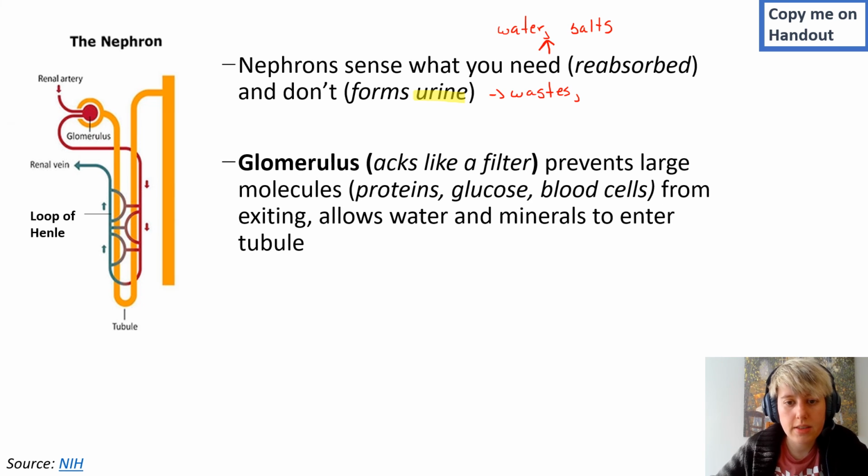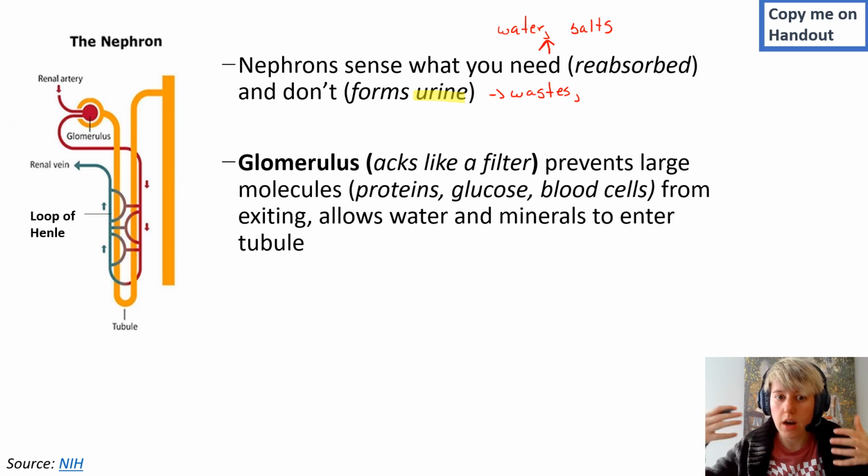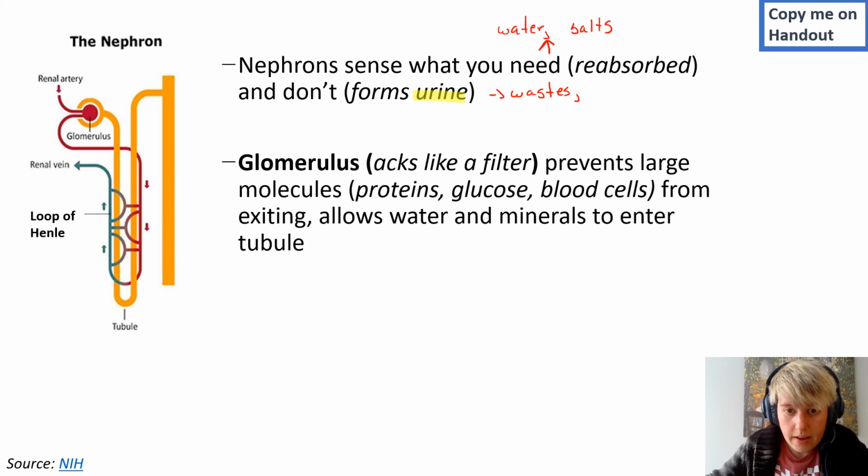The glomerulus is your filter, so it prevents your large molecules like protein, glucose, and blood cells from exiting, which is also why if these things are found in your urine, it's indicative that there is a problem with your kidneys, because your glomerulus is to prevent these things from leaving the bloodstream.